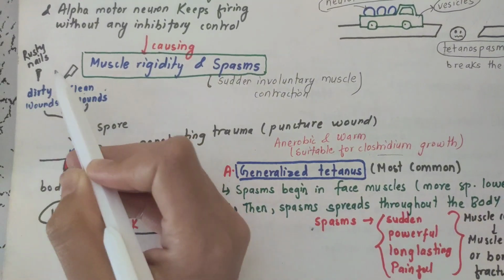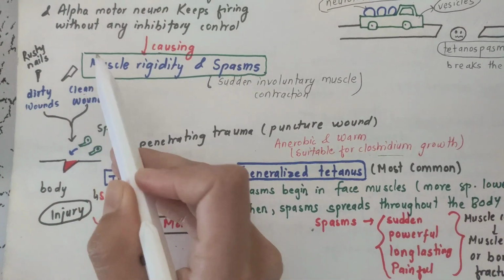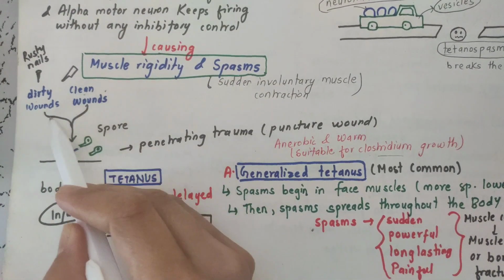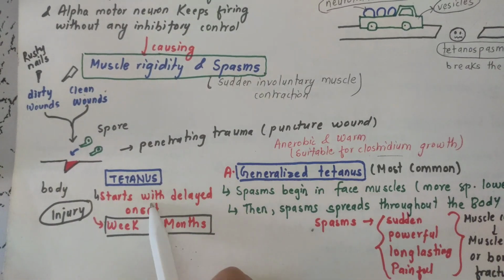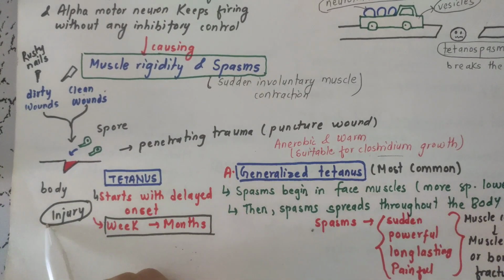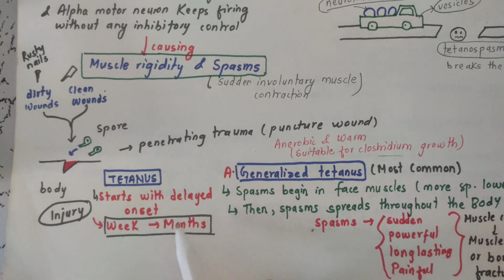Dirty wound, for example, from the rusty nails. Clean wounds from any type of sharp knife. The spores enter the body. Tetanus starts with delayed onset. From the injury, it takes weeks to months for showing any type of symptoms.